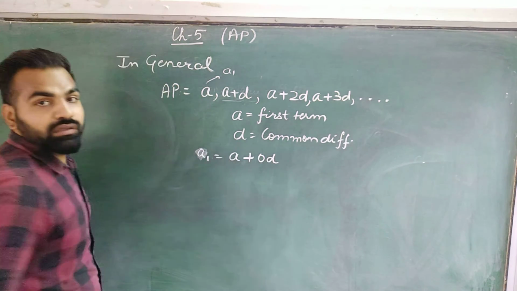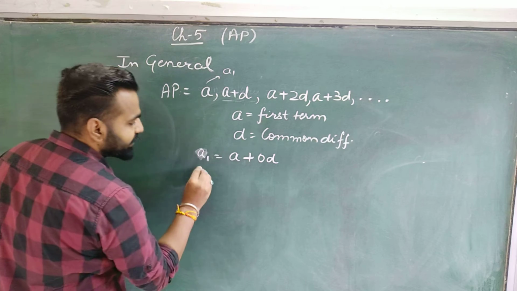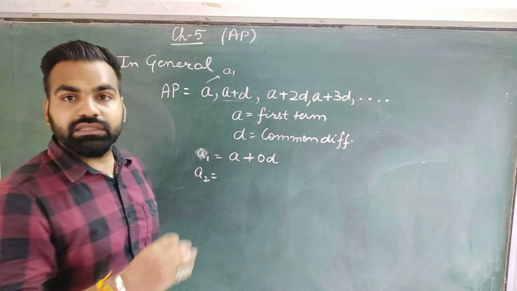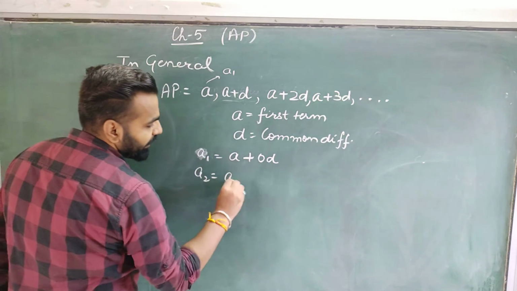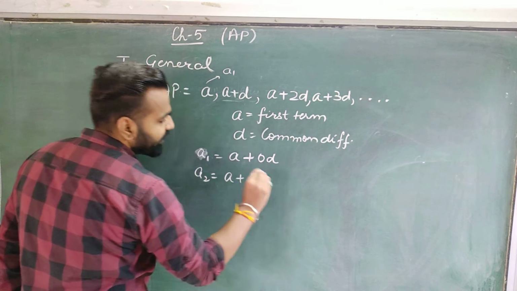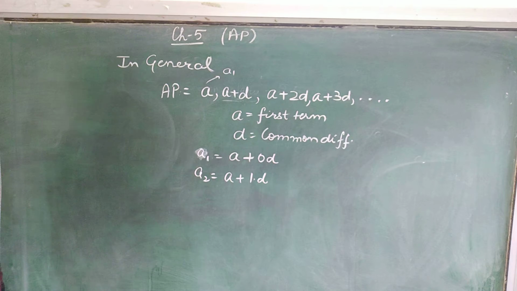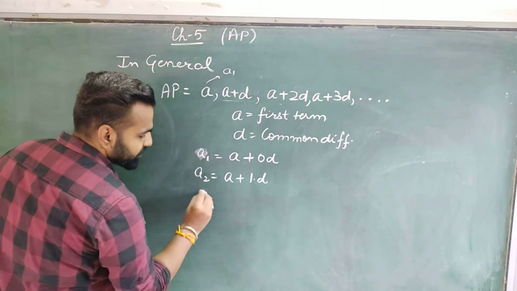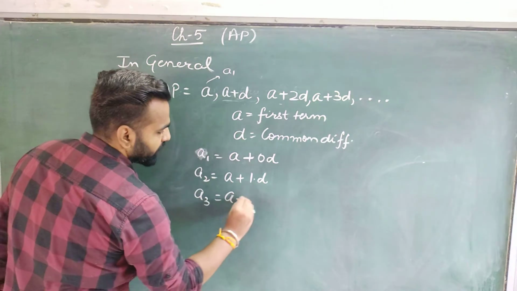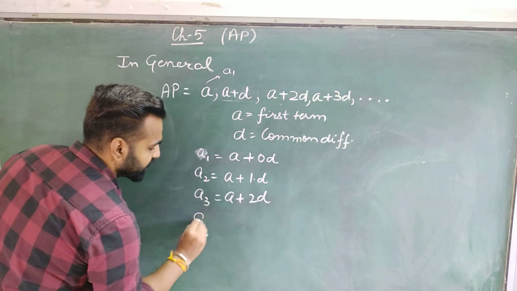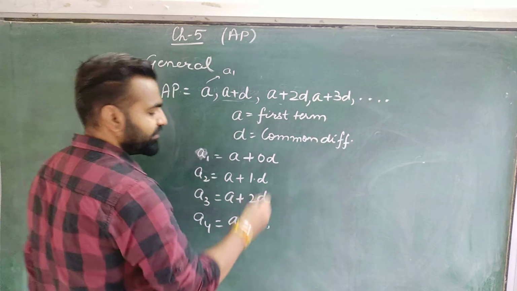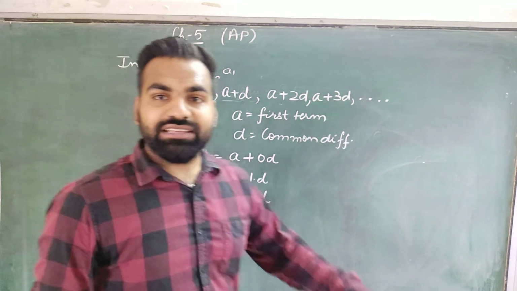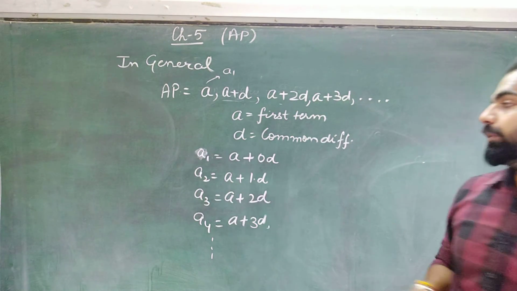We can write a2, that means the second term in the series. a2 means the second term, and what is the second term? a plus d, that means a plus 1 into d. The third term is a plus 2d, and the fourth term is a plus 3d. And in the same way we can write the next terms in this AP.